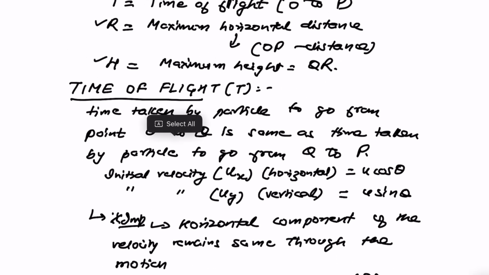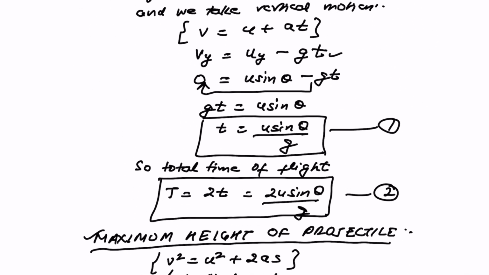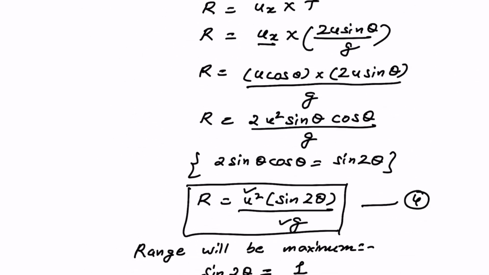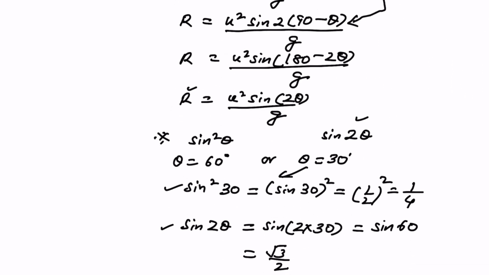Now, the last thing in this particular topic is what is the path of the projectile? The path of the projectile is always a parabola. Now, how can we show this? We have to show that the path of the projectile is parabolic.